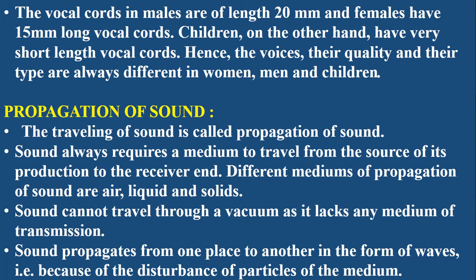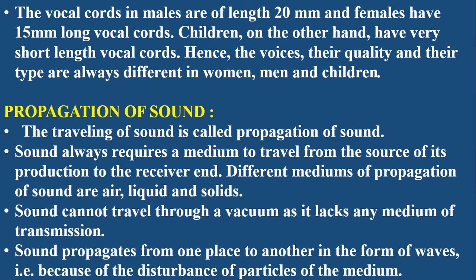Students, now we talk about propagation of sound. Propagation of sound means when the sound goes from one place to another place. For the propagation of sound, a medium is required, and this medium can be solid, liquid or gas. If no medium is present, it means if the area is vacuum, then sound cannot propagate from one place to another place.